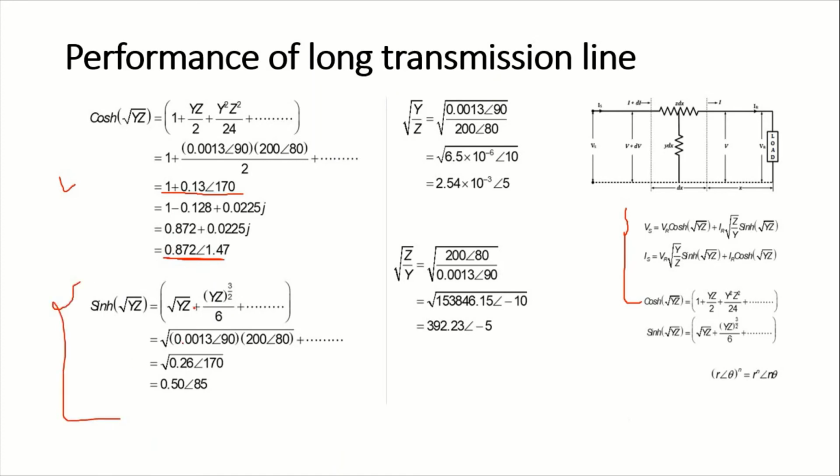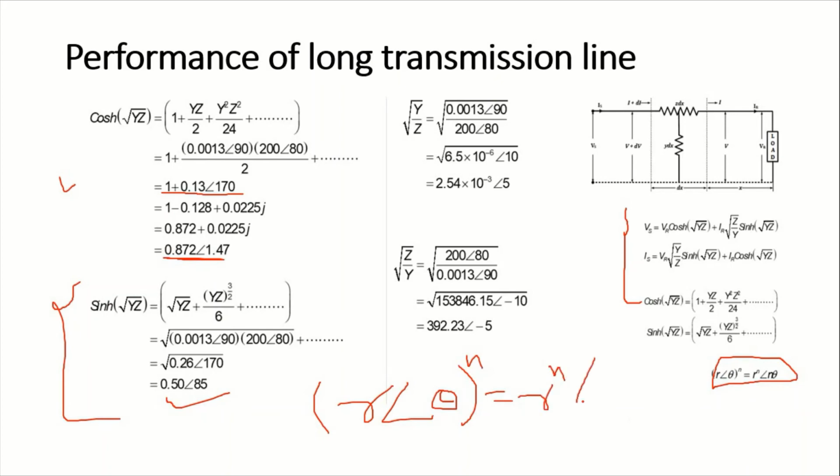Same way, write down the value of y and z in sin h under root y by z and we get the value like this. Clear? One important term: there is one equation, r angle theta. This is a polar form equation and if we apply a degree here, it becomes r raised to n, and the angle becomes n into theta.